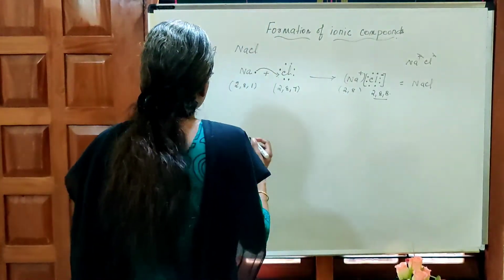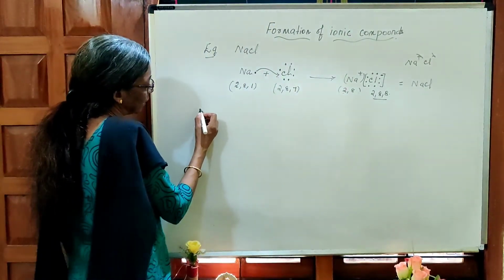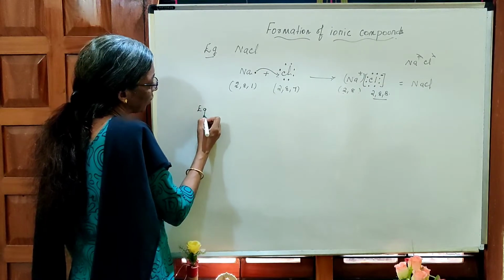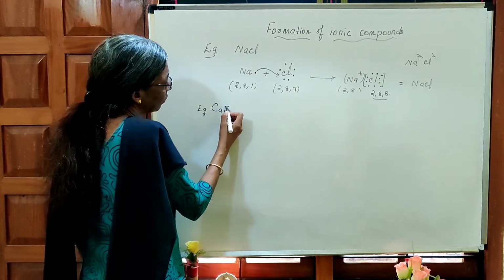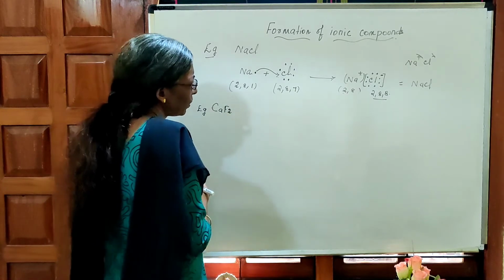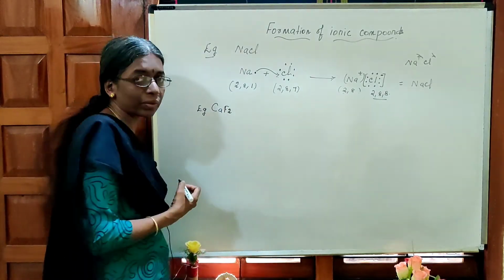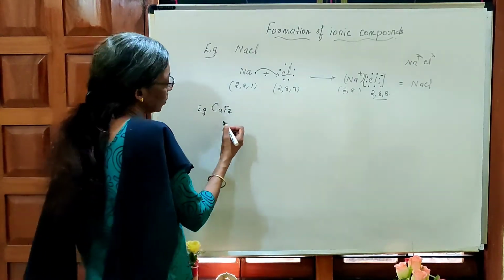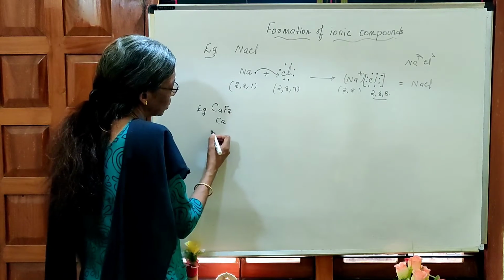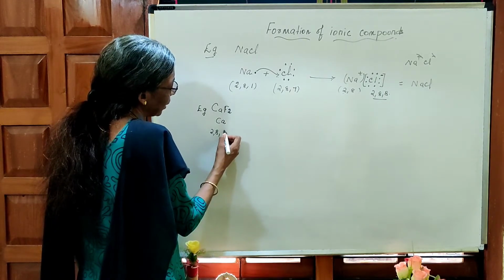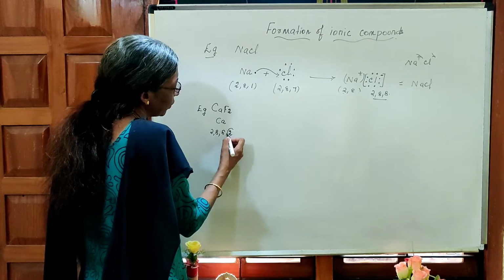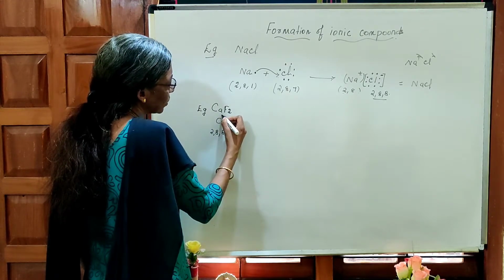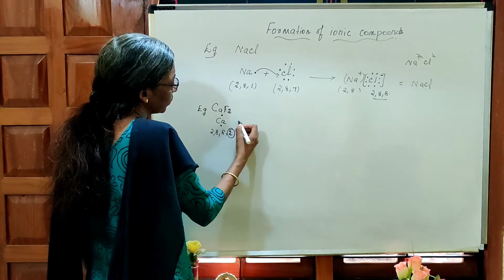Next, let us take the example of calcium fluoride. What is the atomic number of calcium? 20, so the configuration is 2, 8, 8, 2. We take only the valence electrons, 1, 2.